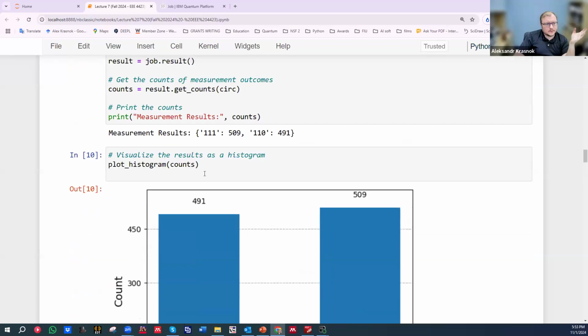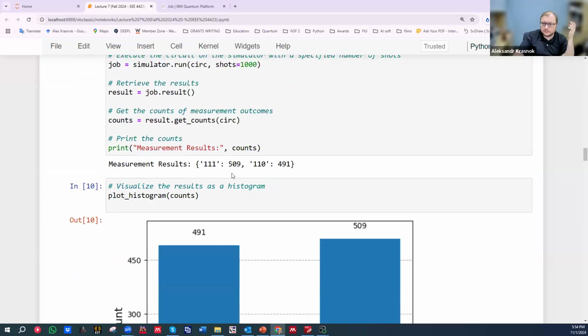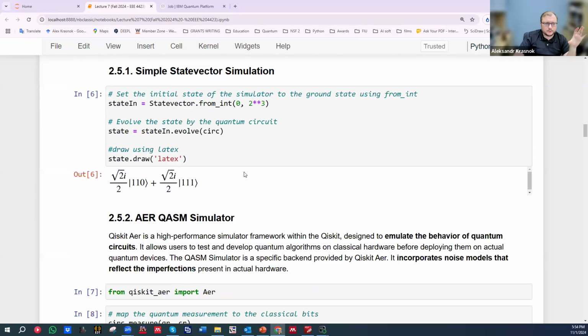Yeah. So again, this is our current circuit. In your homework, you will be asked to simulate some other circuits. Okay, but the procedure is essentially the same. You will be asked to use two types of simulation.